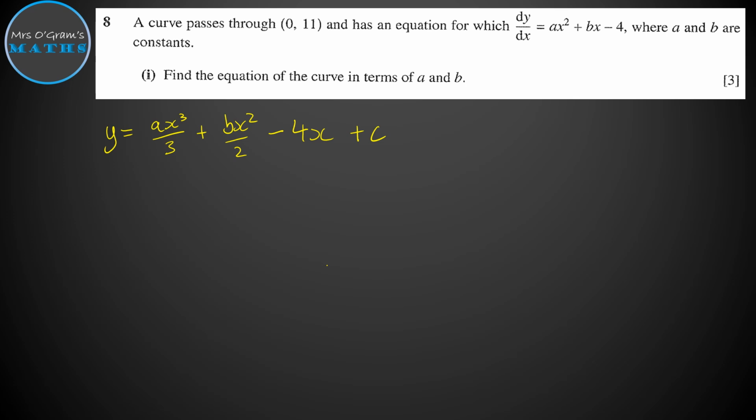We're going to use the fact that it goes through 0, 11 to work out that constant. So therefore C is 11.